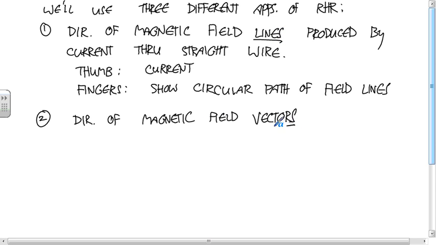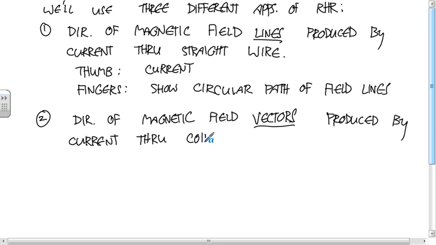Here we're talking about magnetic field vectors that are produced by a current through a coil of wire. The first one was through a straight wire. Now we're doing a coil of wire.